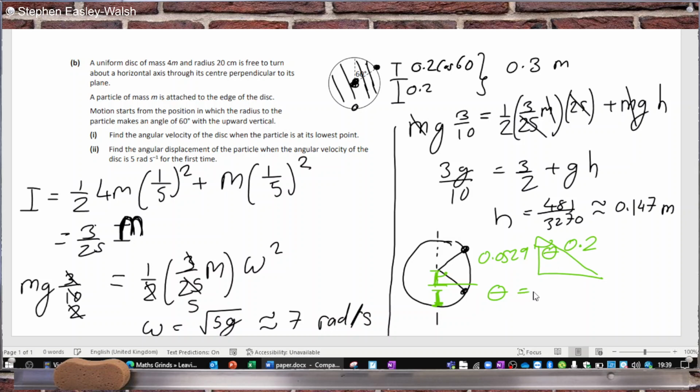So theta would be cos inverse. So that's 74.66 degrees. So that means the answer is this angle here. So that's 180 minus that.